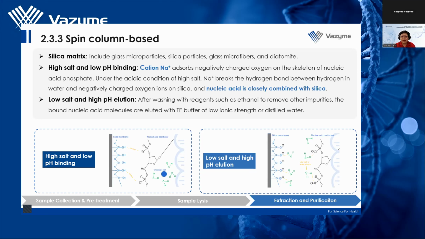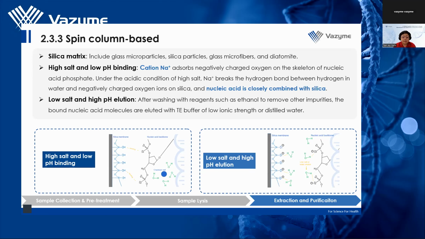Nucleic acids bind under high salt and low pH conditions, where the sodium ion acts as a bridge, absorbing negatively charged oxygen on the phosphate backbone of nucleic acids. In acidic conditions, high salt or high sodium disrupts the hydrogen bonds between hydrogen in water and negatively charged oxygen ions on silica, allowing tight binding between nucleic acids and silica.